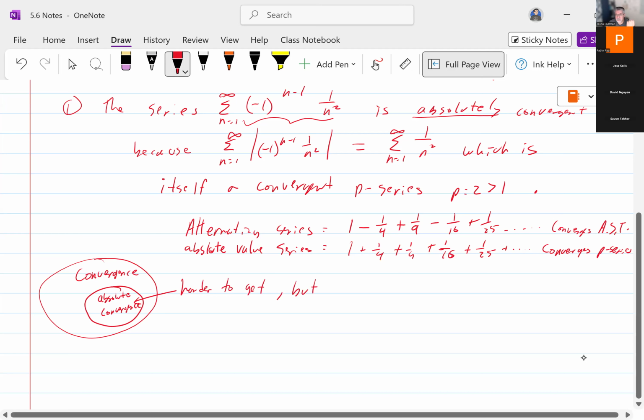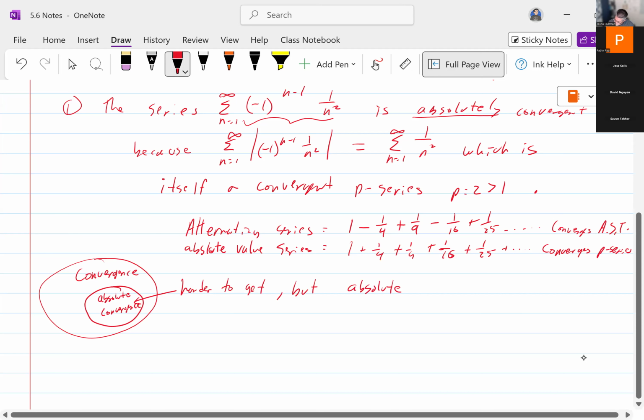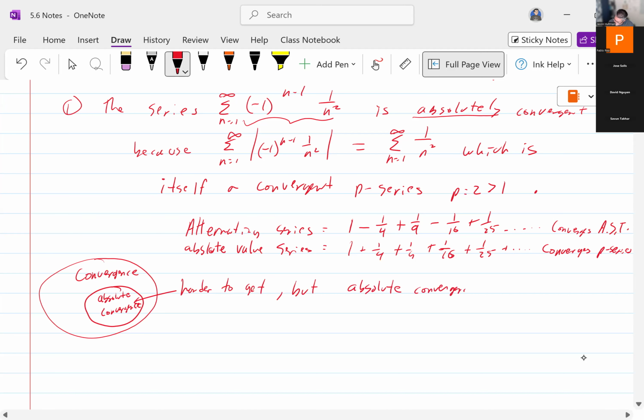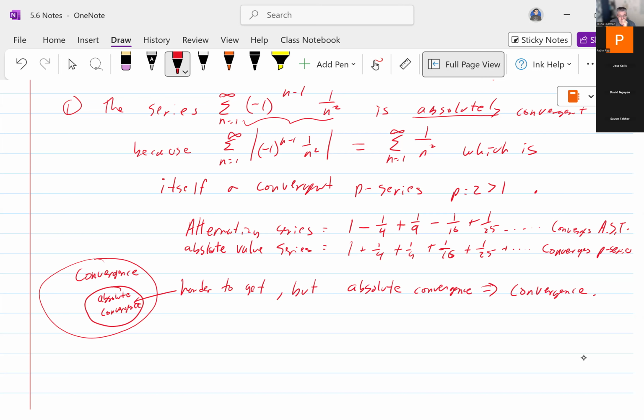But if we get absolute convergence, we get convergence for free. Absolute convergence implies convergence. If we take the absolute value of the terms and get something convergent, then the original series was convergent. So if we can prove absolute convergence, then we get convergence for free.